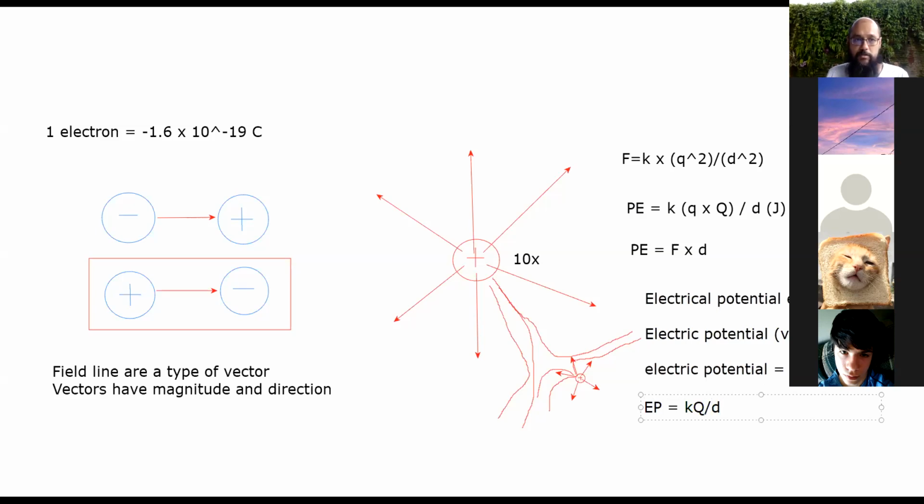That's your equation. This value here for k equals 9 times 10 to the 9, is it? It's Coulomb's constant. What is Coulomb's constant?